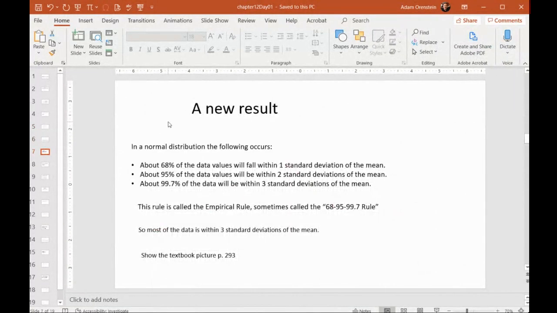Okay, so the next result is what we call the empirical rule. This allows us to see where most of the data lies in a normal distribution curve. It turns out that if you're at the mean and you go one standard deviation away, 68% of the data values will fall within one standard deviation.